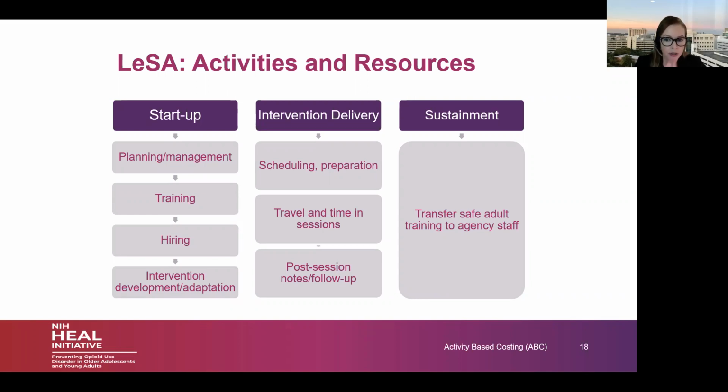For intervention delivery, we are focusing on things that are required to have the TBRI sessions, including scheduling and preparation of sessions, post-session follow-up, and travel and time in sessions. And then sustainment for this intervention really looks like transferring the TBRI training to the juvenile justice agencies. So the agencies themselves would hire a TBRI certified coach to work with these youth.